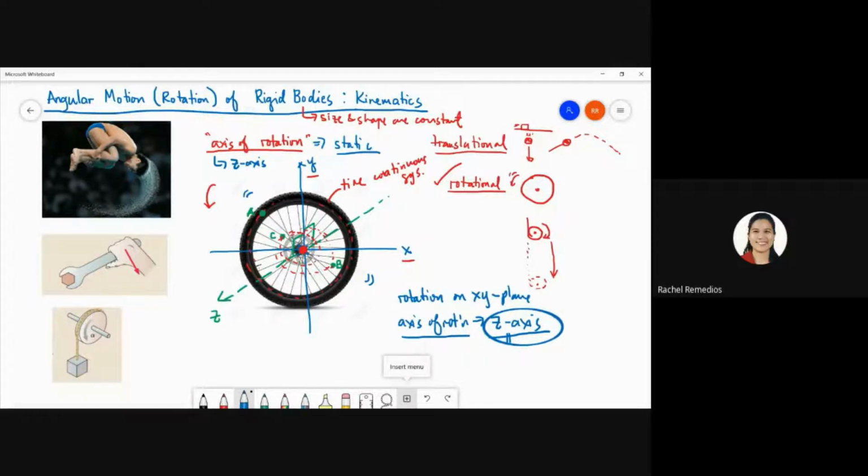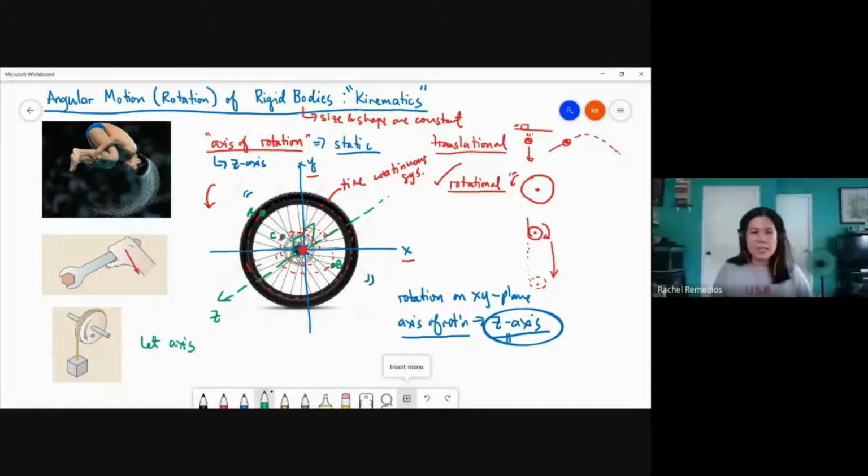Okay, I hope that is clear now. So again, let me repeat. Axis of rotation is an imaginary line that cuts through the plane where the rotation happens, and it passes through all the centers of rotation of all the points that belong to the rigid body. Okay? Klaro ba? So, sa first natin na limit ng discussion natin ng kinematics, we will set that, okay, let axis of rotation be constant muna, be stationary muna.